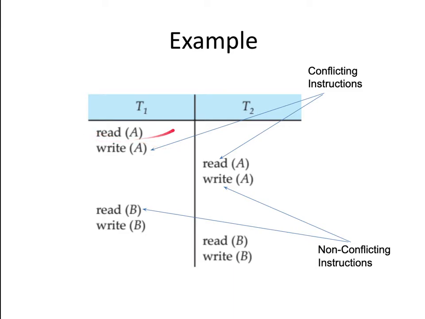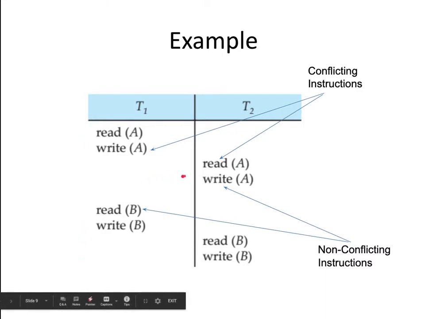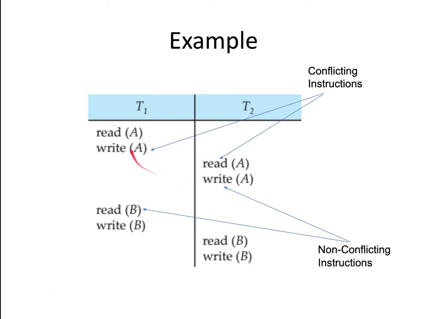But if I talk about this read A and this write A, they are conflicting instructions. That means you should not check only the successive instructions; you should check from the start to the last, in whatever order they are happening one after another, which instructions are conflicting and non-conflicting.